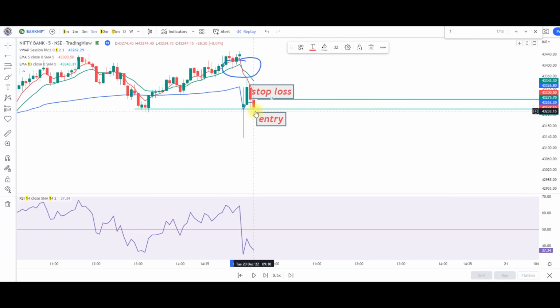So you have to enter into the short trade below this red candle, and the stop loss is above the red candle. You can see here there is one more support. If the candle is breaking the support zone, you can always enter into the short trade. I clearly explained in my RSI divergence video how to enter into the trade when the support level is breaking down.